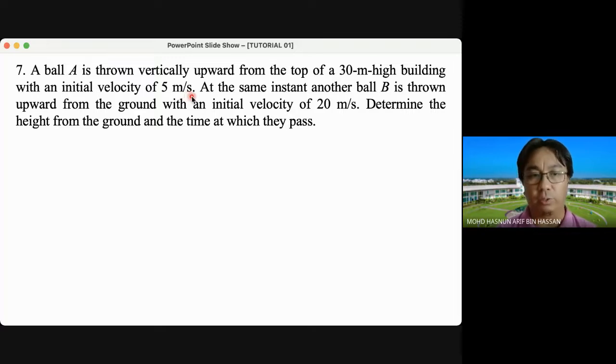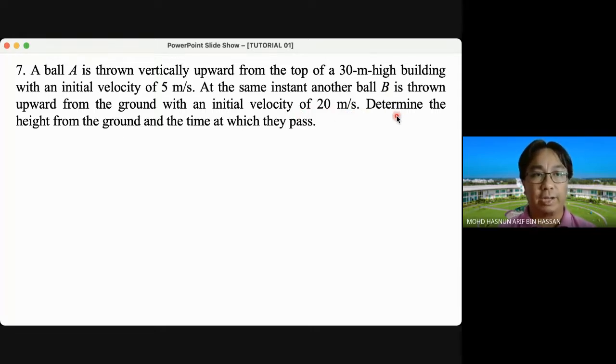So when the ball was thrown up, the velocity of the ball is 5 meter per second. At the same instant, there is another ball B thrown upwards from the ground. Earlier, from the top of the 30-meter building, you throw the ball up at 5 meter per second, and then there's another person on the ground also throwing another ball B upwards, with a faster velocity of 20 meter per second.